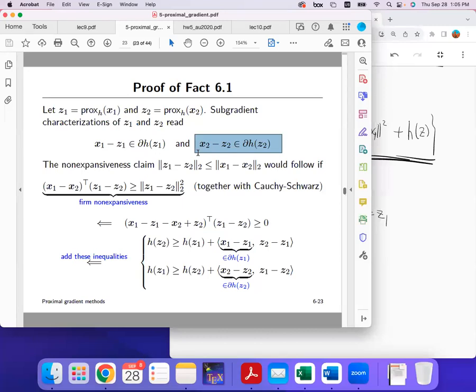And then we just need to prove the firmly non-expansive property. And then the non-expansive property follows from that, as we just proved. This is the firmly non-expansive property that we want to prove, because Z1, Z2 are the proximal points.